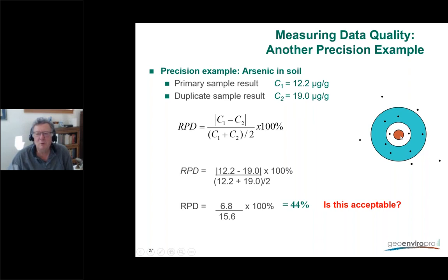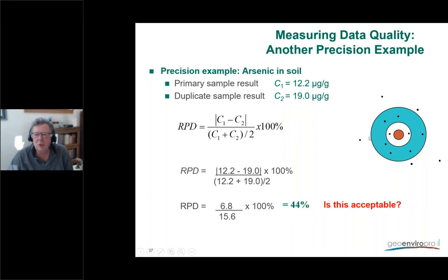So we rarely take 12 duplicates to try and get our real answer. We take 2 samples. Supposing in this example, one of my duplicates was way low and another one was way high, if I take the difference, I end up with a high RPD.